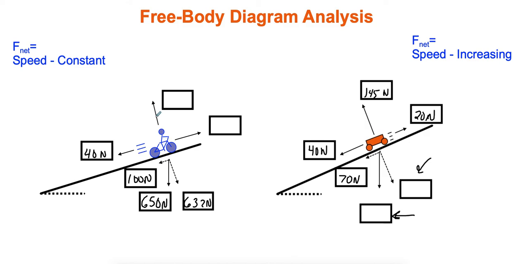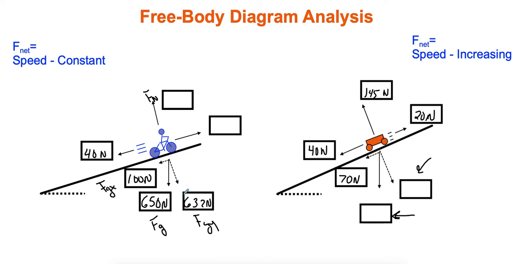This force up that way is normally the normal force. And this one pulling straight down is gravity. These dashed lines are components of gravity. We call this one the y component of gravity, and this one is the x component of gravity. That's going horizontally, that's going vertically.